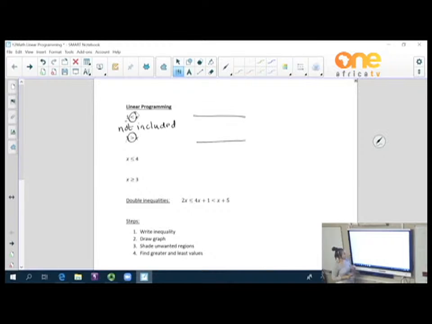So you will start out with your number line, and the first one we have 1 is less than x. So we will have, for example, a 2, a 1, a 0, and a -1. And 1 is less than x. X will go to the larger side.